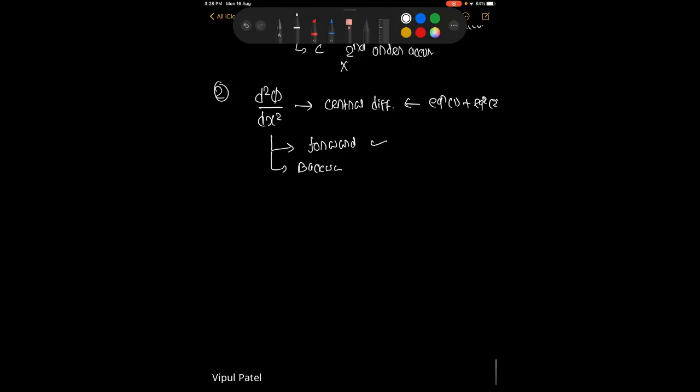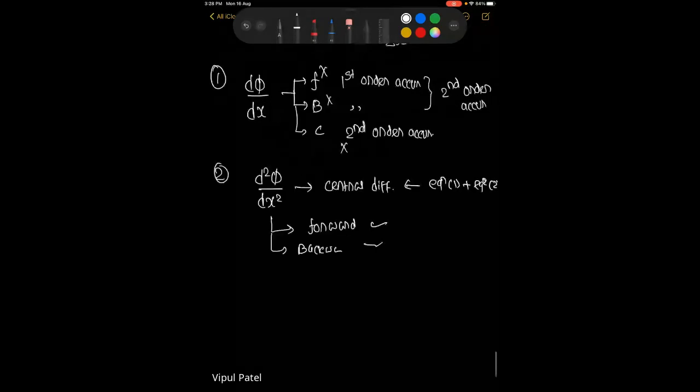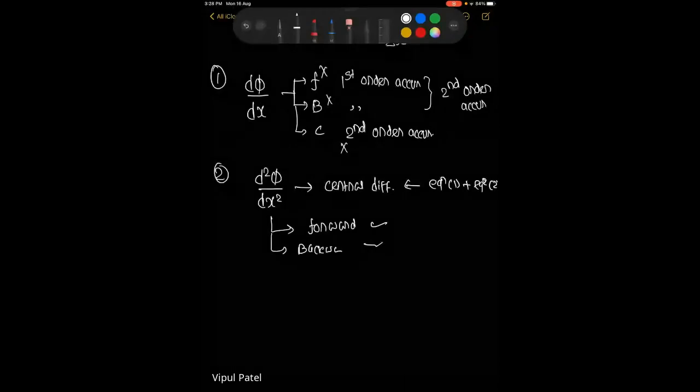Then we just answered this question, that yes, you can have forward and backward difference approximation for d square phi by dx square. And central is already there. So now let us try to derive the expression of d phi by dx which is more than first order accurate, so that we can handle the boundary nodes very smartly.